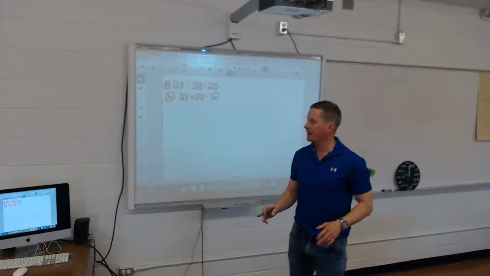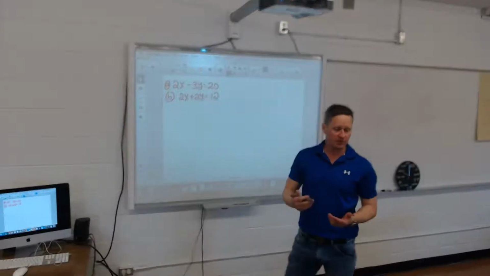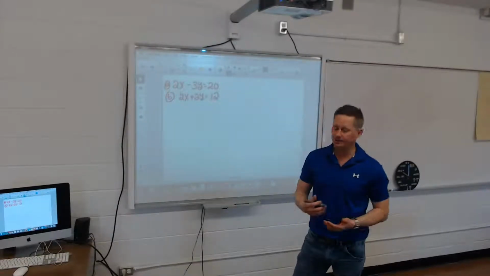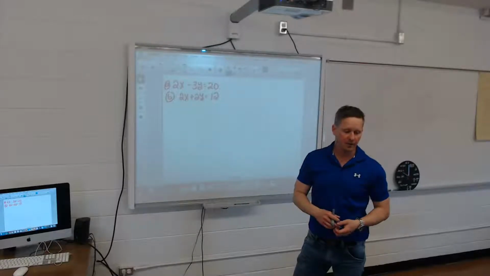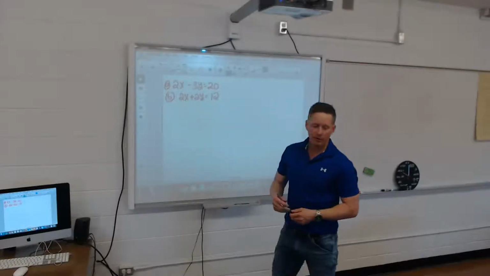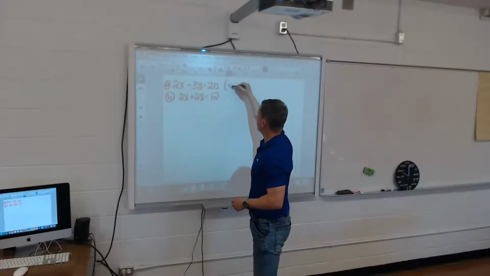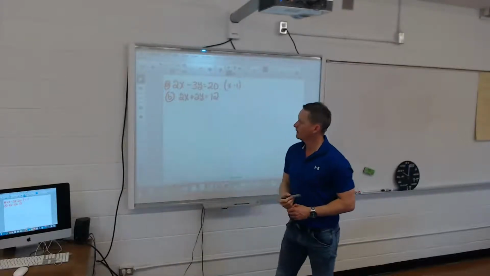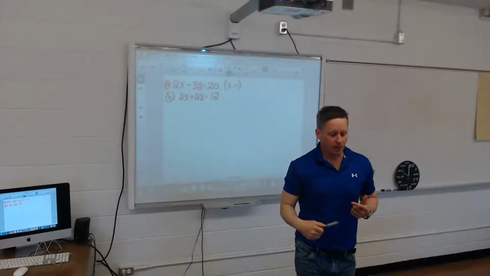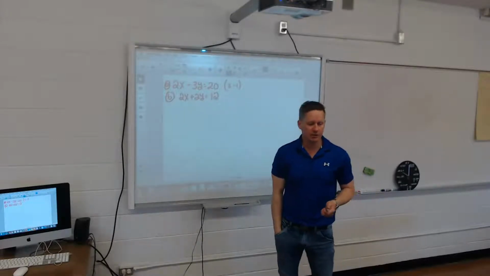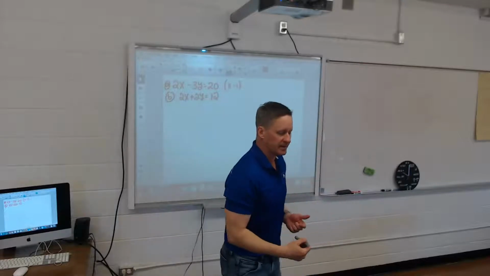There's no problem with that. The only thing is I find that when we start subtracting things, we start to make errors with our signs. So what I'm going to do is multiply the top one by -1. So I'm going to times everything in the top by -1. Now again, there are multiple ways in which we can solve these questions. They don't have to be done the same way.